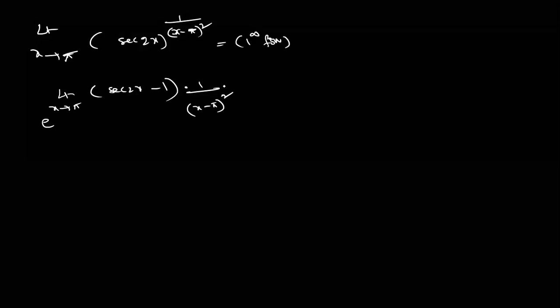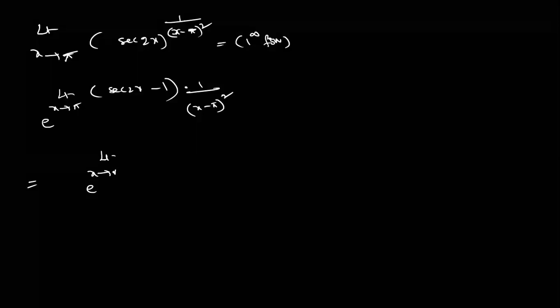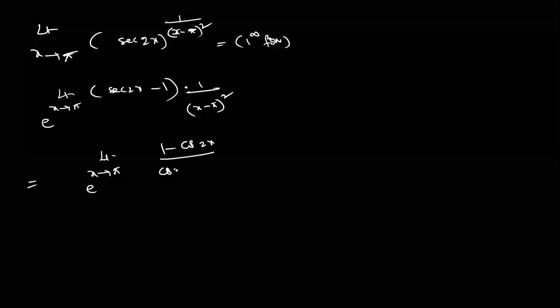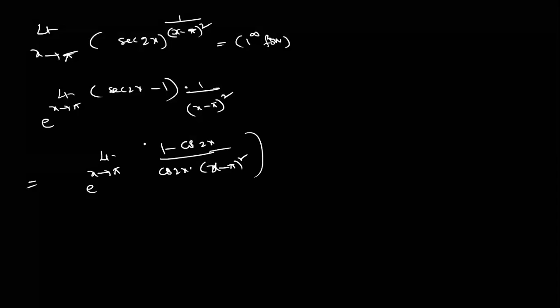Anyone? How to solve? So first of all, this one I'm writing in terms of cos. Limit x tends to pi, (1 minus cos 2x) by (cos 2x into (x minus pi) whole square). This is the question given. See carefully. Now how do you approach these type of problems?